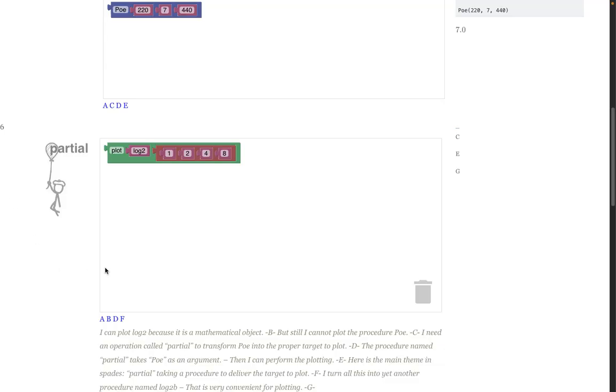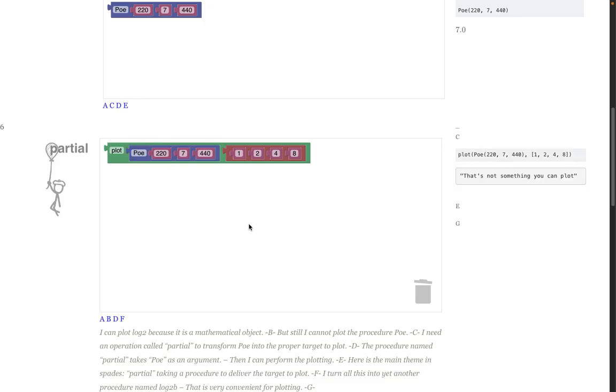I can plot log2 because it is a mathematical object. But still I cannot plot the procedure PO. I need an operation called partial to transform PO into the proper target to plot.